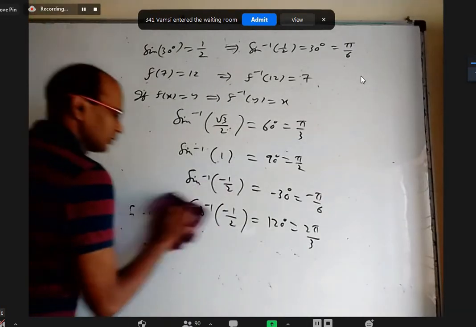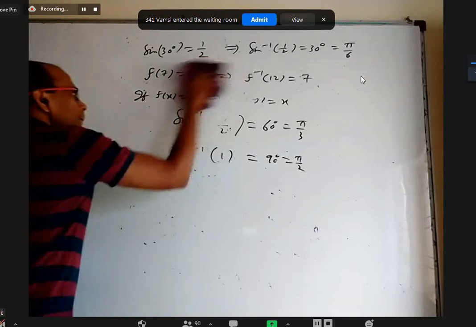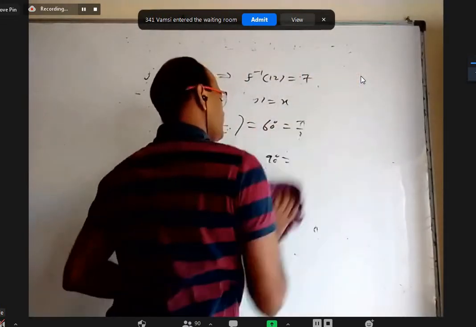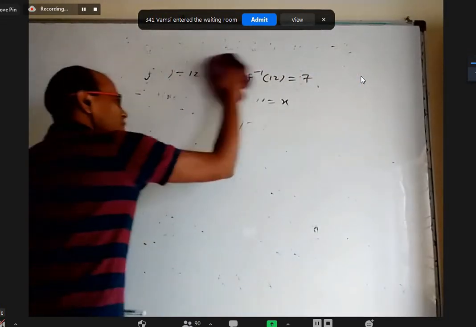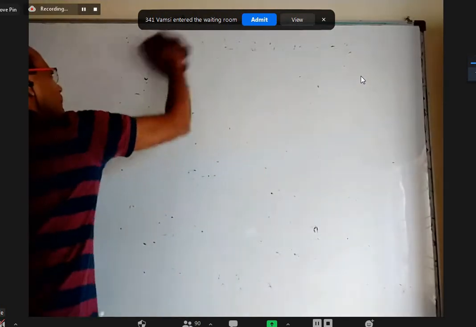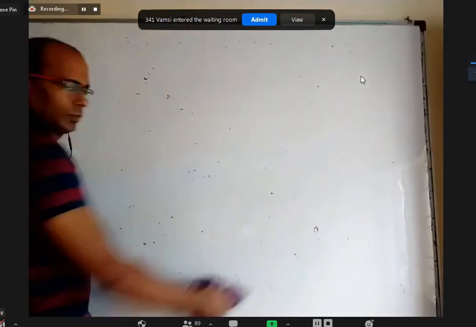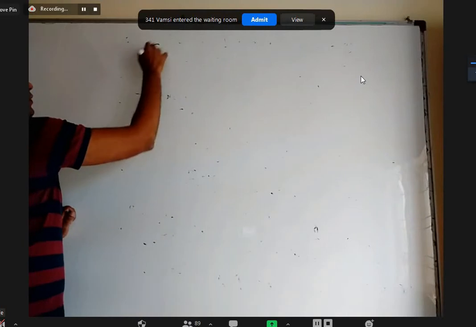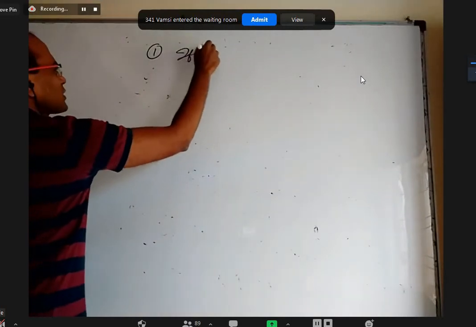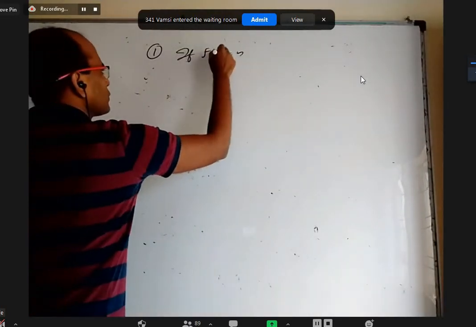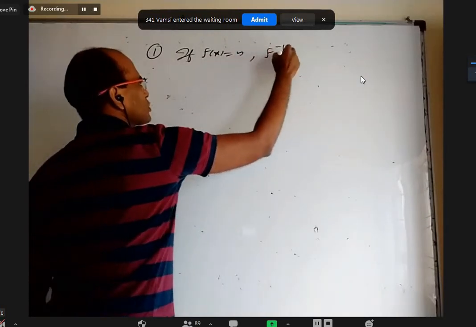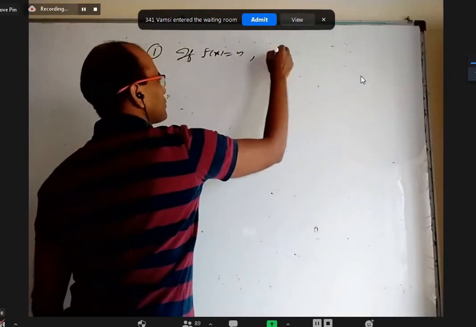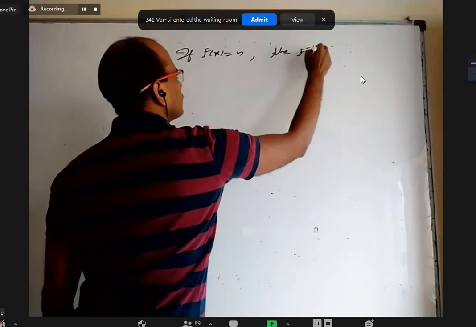Okay. So I'll just write one here. First point, if f of x equal to y, then f inverse y equal to x. That's all.